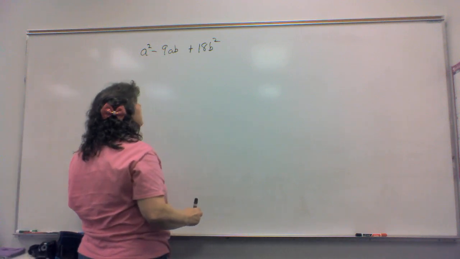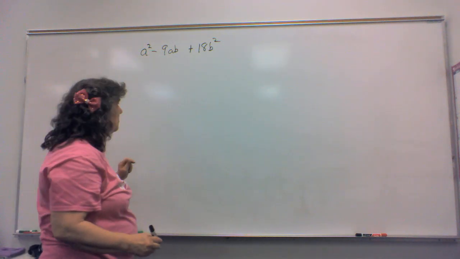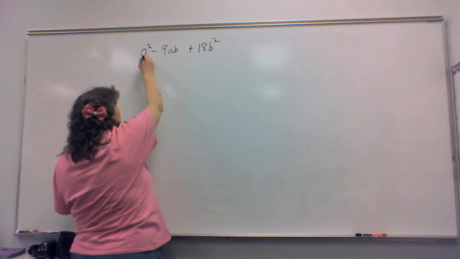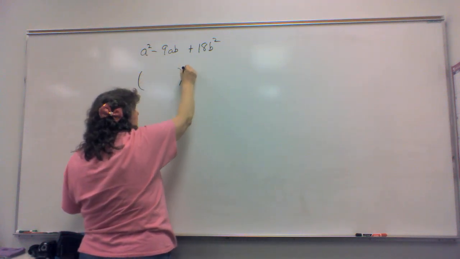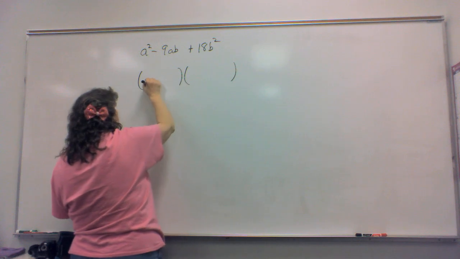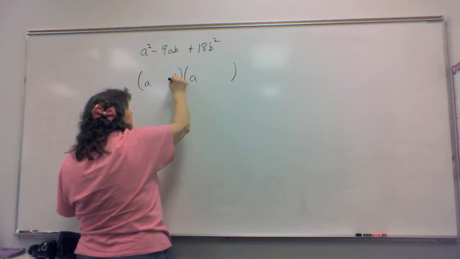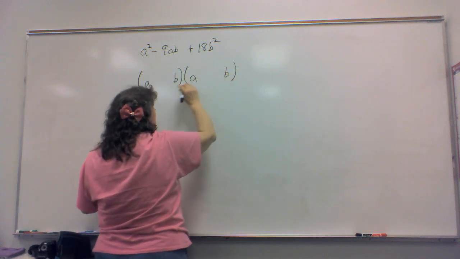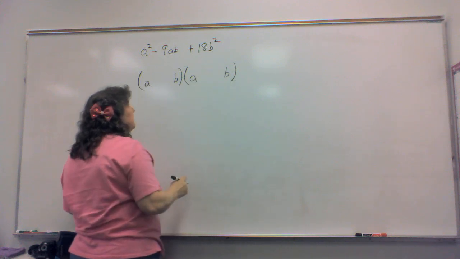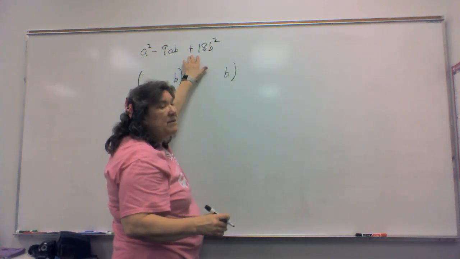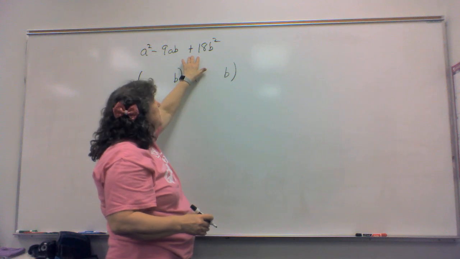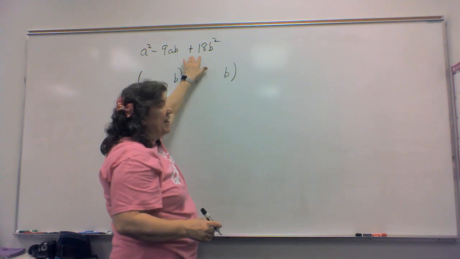Okay, again, this is more complex, right? We've got A is going to be our first one. We know that. And we know our second one, both of them are going to have B, a B squared. This is positive. If it's positive, that means you're going to be adding the factors.